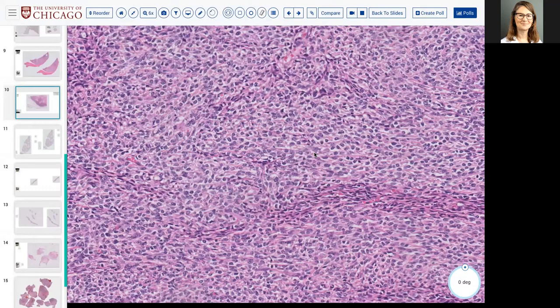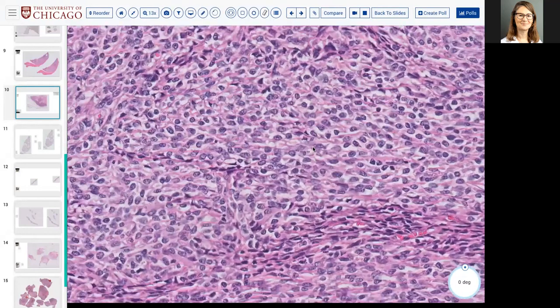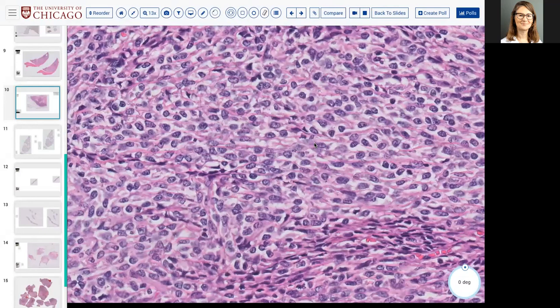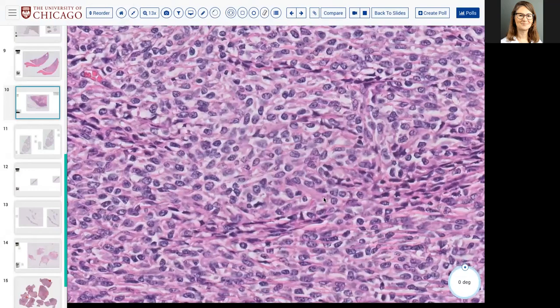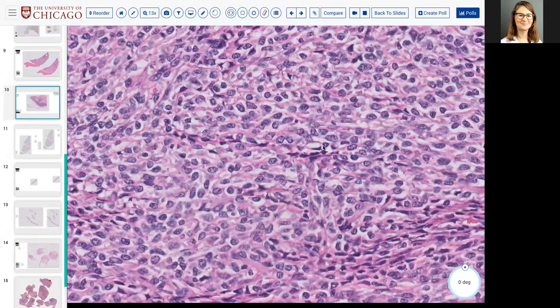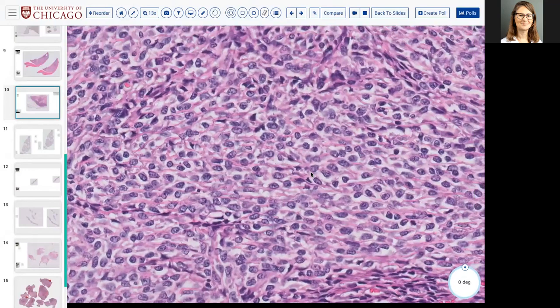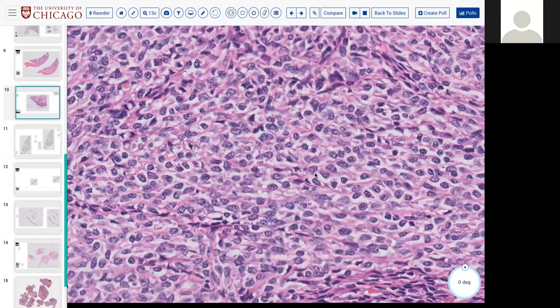So, okay, done. But okay, MPNST, we will do S100. Most MPNSTs that are plumper or epithelioid actually retain S100 more frequently than the spindle cell MPNSTs, which generally lose S100. So would you characterize this as more plump or more spindled? I think this looks relatively plump.